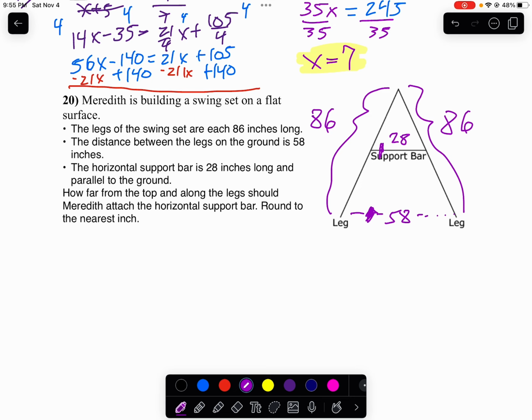Because if they weren't parallel, the triangles wouldn't be similar. How far from the top along the legs should Meredith attach the horizontal support bar? In other words, we want to find that length x. Well, like we said, we need similar triangles. And yes, there are similar triangles because the corresponding angles are going to be congruent, and I know they're isosceles.